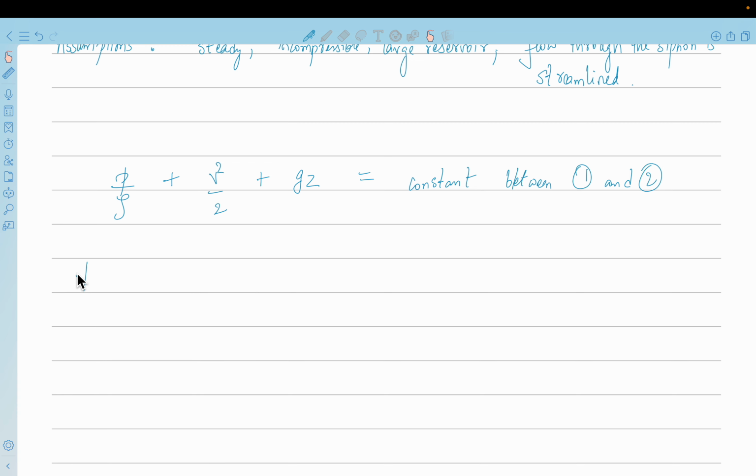And then we write what you were saying, P1 by rho plus V1 squared by 2 plus gz1. I'm going to remove rho 1, since this is an incompressible flow, so density is not going to change. So P1 by rho, and on the right hand side we have P2 by rho plus V2 squared by 2 plus gz2.